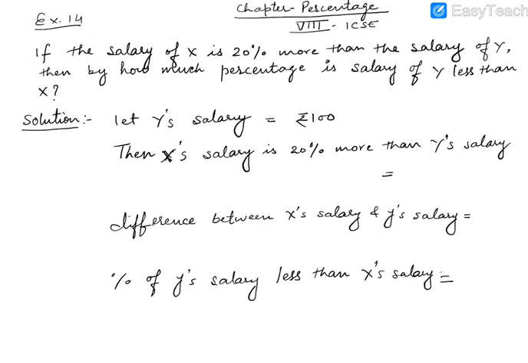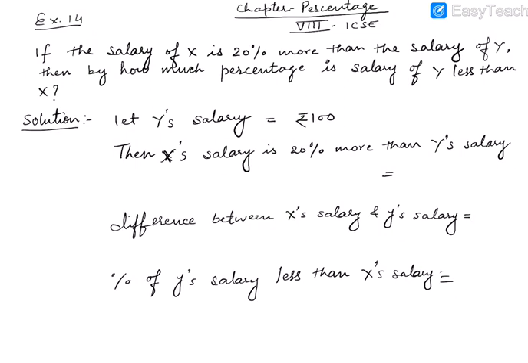If the salary of X is 20% more than the salary of Y, then by how much percentage is the salary of Y less than the salary of X? First of all, we'll try to understand this question part wise. The first part is saying that the salary of X is 20% more than the salary of Y, a very simple statement.